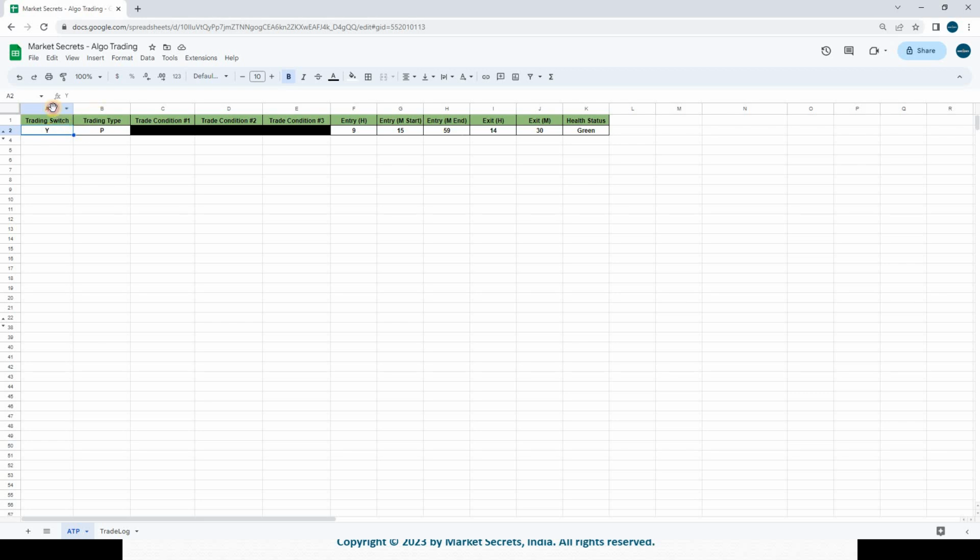So you have enabled your bot and set the trading type to something that is not R. In that case, it will do paper trading on that particular day. In this case, no real money will be used.